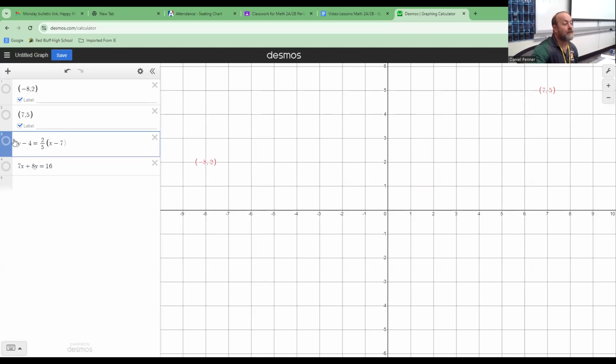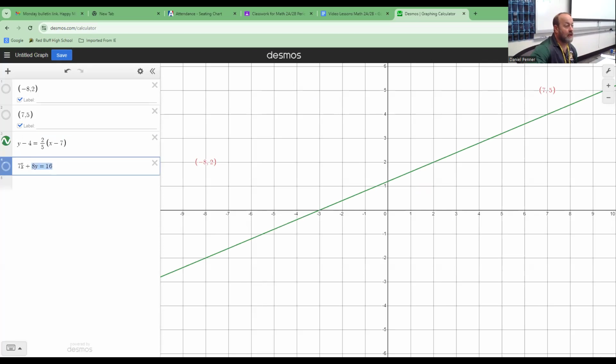So there is my first line. All right, and hopefully I did okay on my other line. Y equals 2/5 x. Notice the same slope in both cases, plus 6/5. And let's see how we did. I'll turn that on, and they landed on top of each other. Very quick, easy confirmation that I did okay.